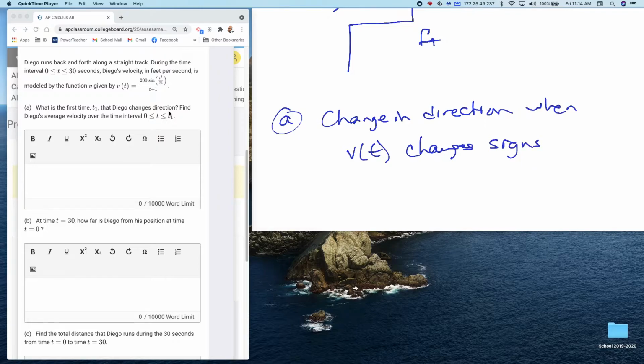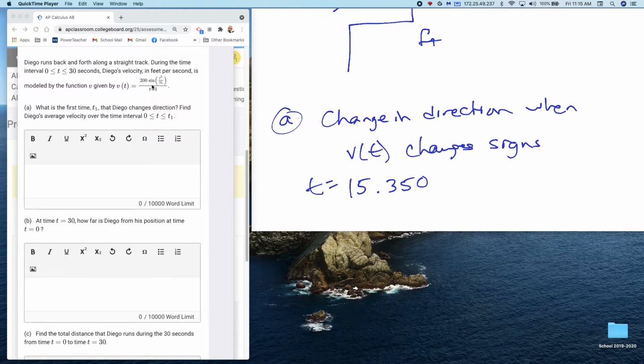Now, what you're going to have to do is just graph v of t. You got this equation. You got to make sure your calculator's in radians, and then you graph the equation, and you find out t is equal to 15.350. And if there were more decimal places, you'd want to carry that out, but 3 is sufficient for the answer, but then we're going to have to use it.